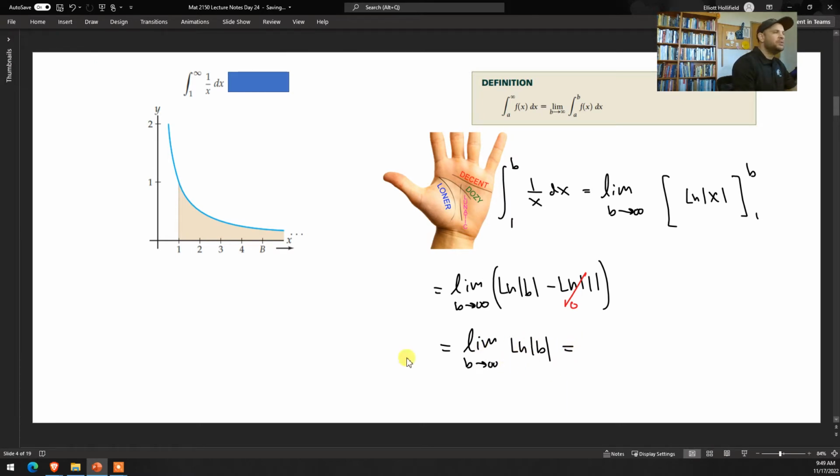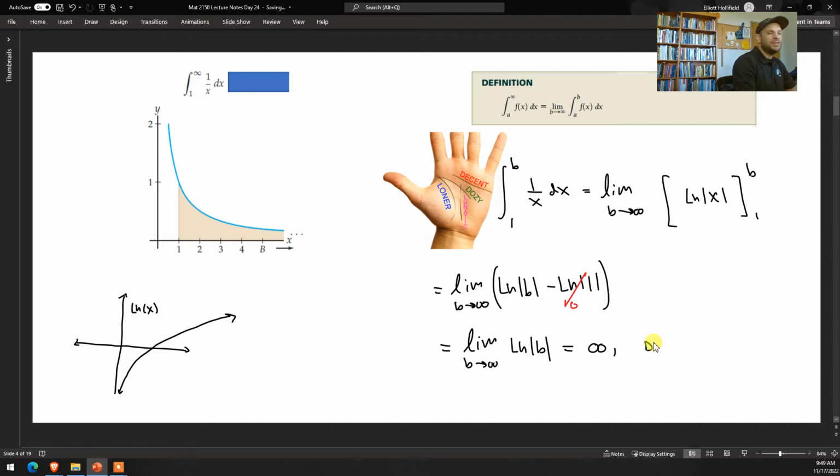And now we need to compute this limit. Here's where we need to think of our graph of the natural log. It looks something like this. So this arrow keeps pointing up, which means that the limit as b goes to infinity of the natural log of b is equal to positive infinity.